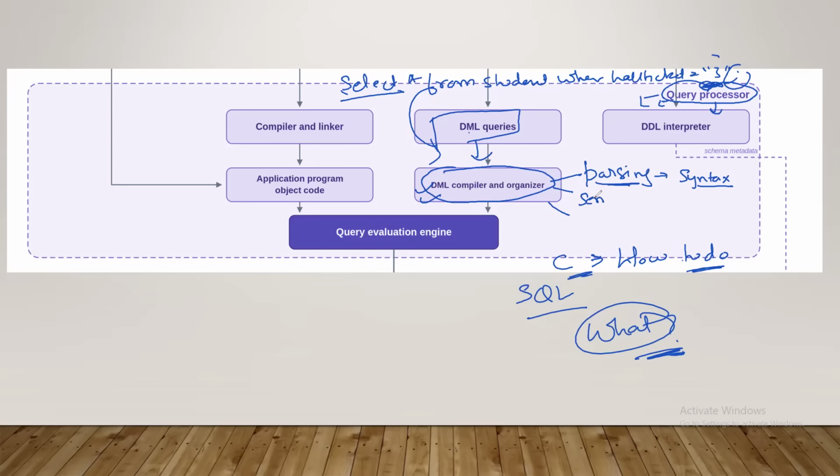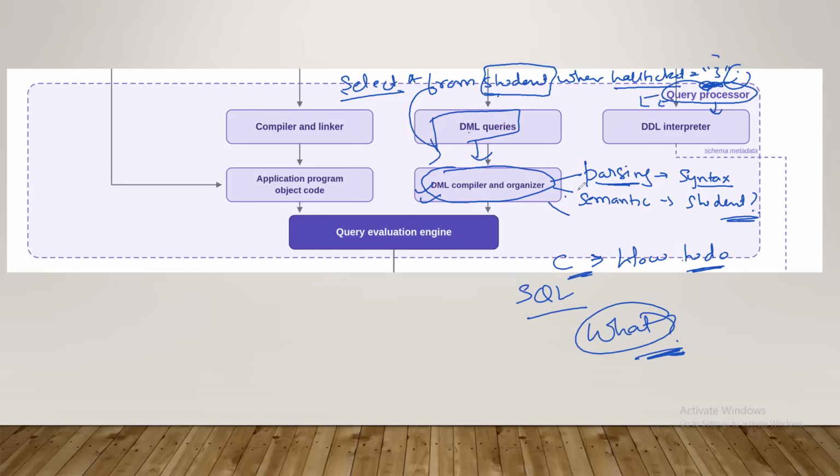Then the second thing it will do is the semantic check. What will it check? Whether your table exists or not, like the table student, whether student exists, whether that is correct information or not, and whether the column hall ticket exists or not. That will be checked in the semantic step. So that is the second thing the compiler and organizer will do.